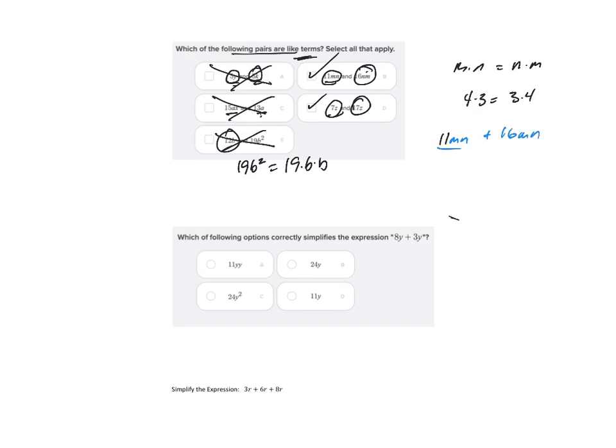Well, that means we have 11 mn's and 16 mn's, so we're going to have 11 plus 16 times mn, which means we're going to have 27mn. And we generally write these in alphabetical order, and we usually write the expressions in descending order.